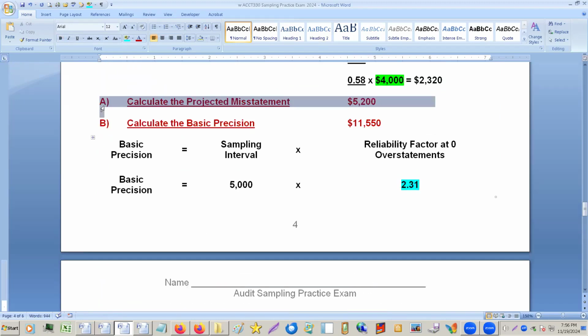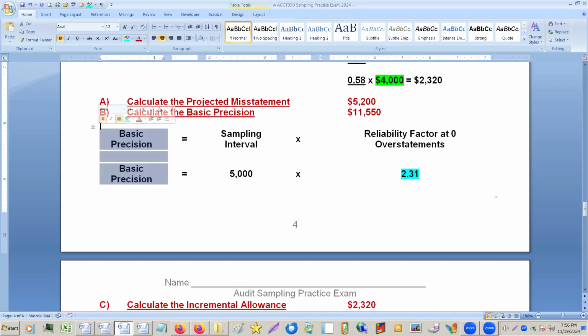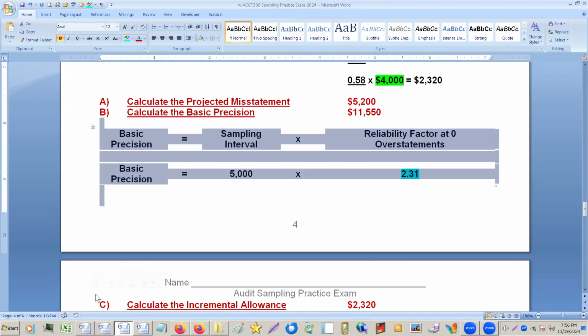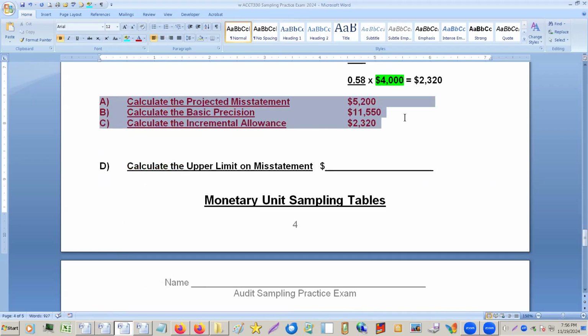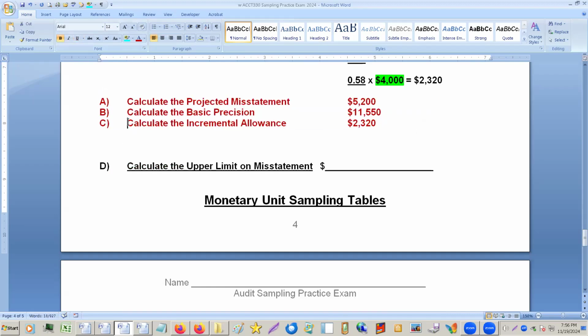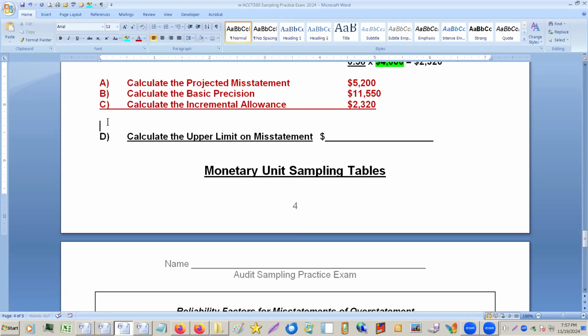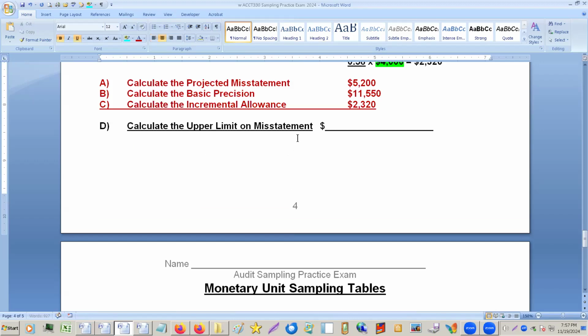And we add all these up, and we get some number. $16,190.